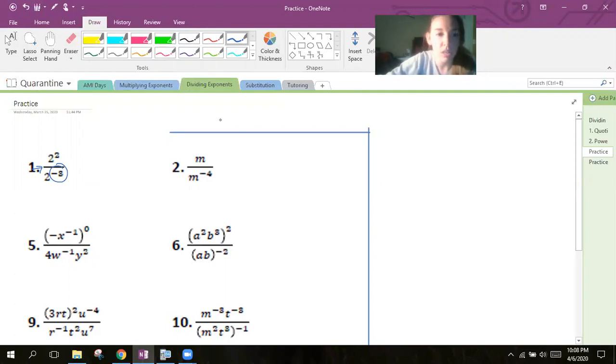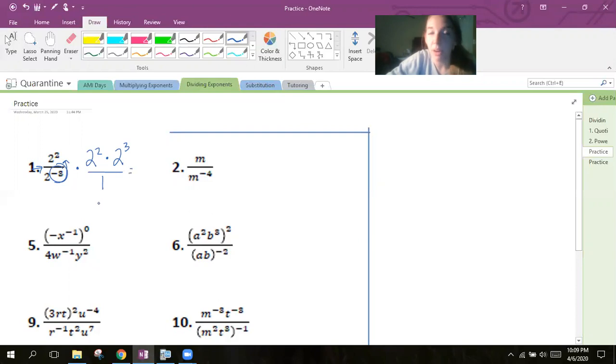Okay, so this is going to now become 2 squared, and that 2 to the negative 3 is now going to go up to the top. You're going to be multiplying it. It'll be 2 to the 3rd power. Okay, so we just took it and we moved it up to the numerator. Okay, and then that's just all going to be considered over 1. So you can draw that.